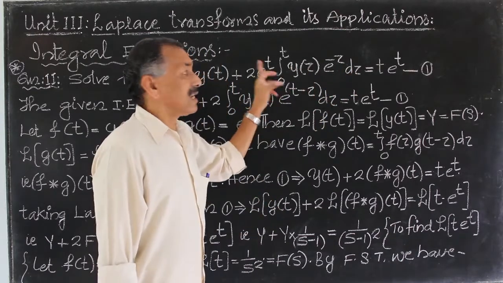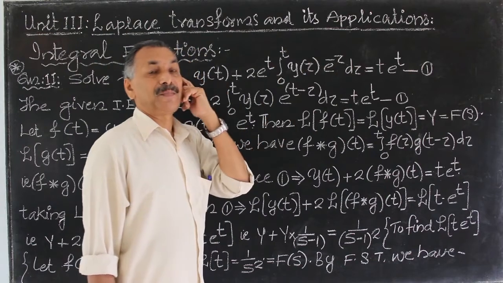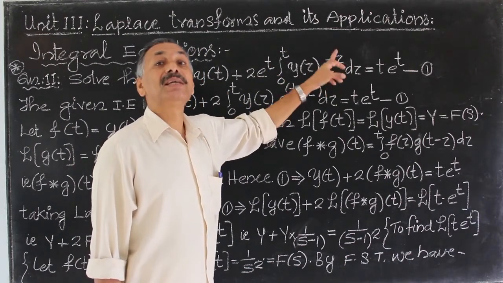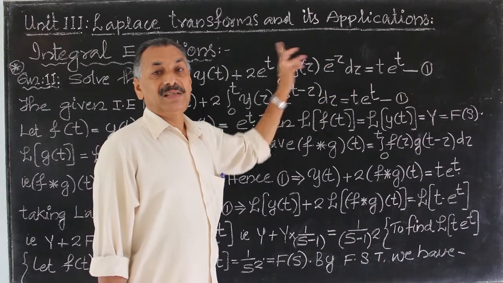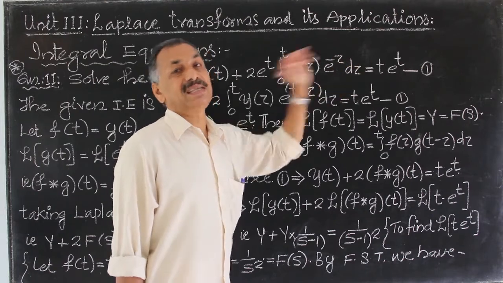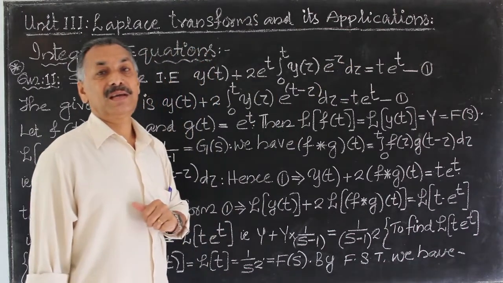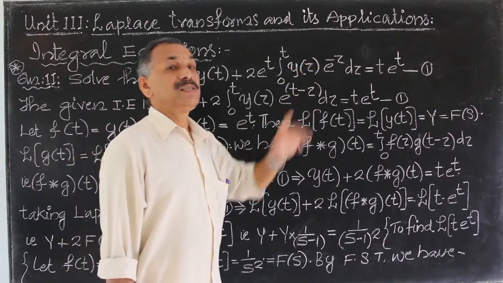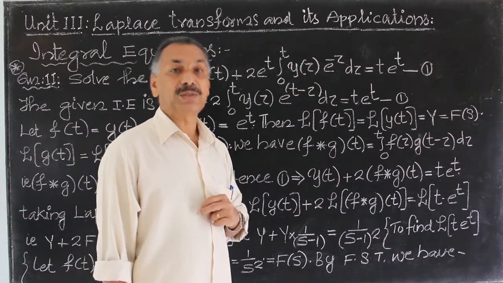Here e raised to t is outside and e raised to t is inside. Now e raised to t multiplied by e raised to minus z gives e raised to t minus z, that is, t minus tau, dz. So again, f of t is equal to y of t and g of t is equal to e raised to t.